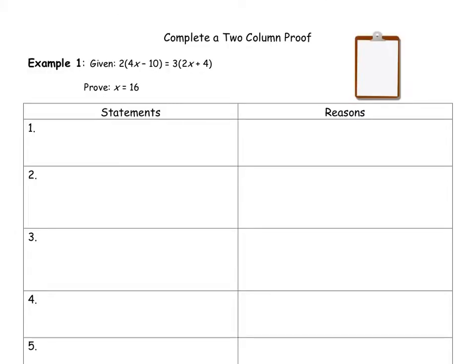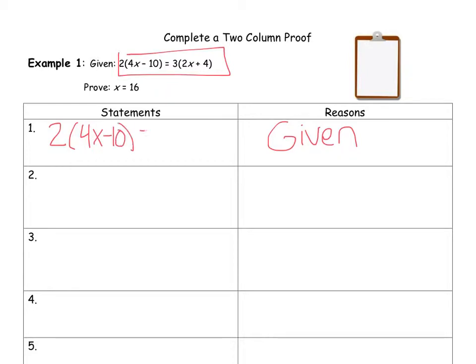All right, we are going to write our very first algebraic proof. The first thing that you always do for a proof is to write your given. Your reason is because it's given to you, and then you write whatever is after the given. So you have 2 times 4x minus 10 equals 3 times 2x plus 4. And now it's just think about how you would solve for x.